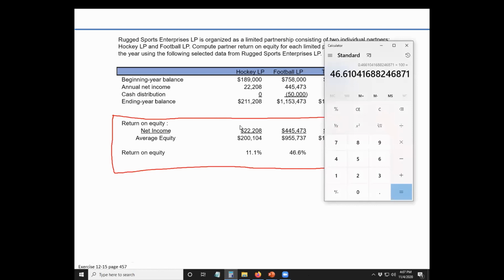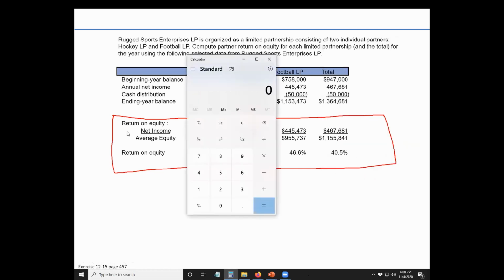So we take the beginning equity, which is 947,000, add the year-end equity, and then divide that by 2, which gives you 1,155,841, because of the 0.5, so you could round up.